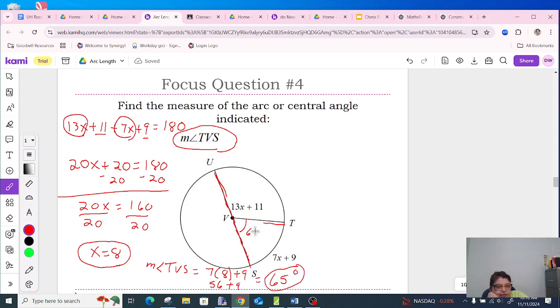So this is 65 degrees here, and it's 65 degrees here, because the central angle and the arc it intercepts have the same measure, right?